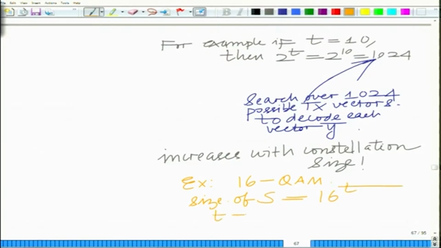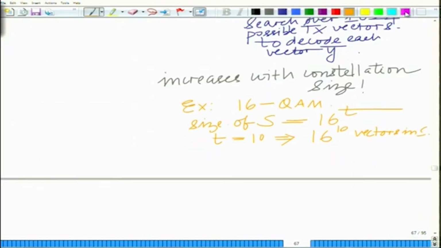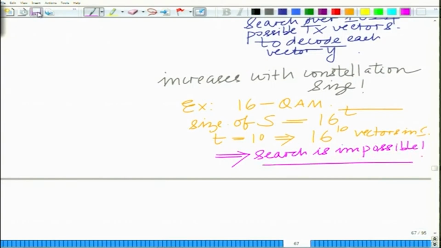Now, t equal to 10 implies you have 16 to the power of 10 vectors over which you have to search, and this is impossible, or next to impossible.